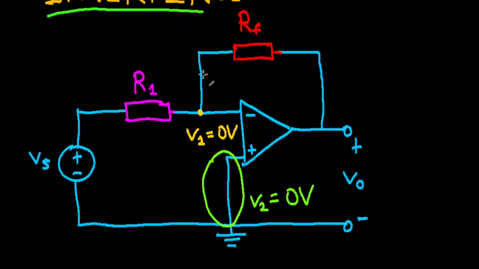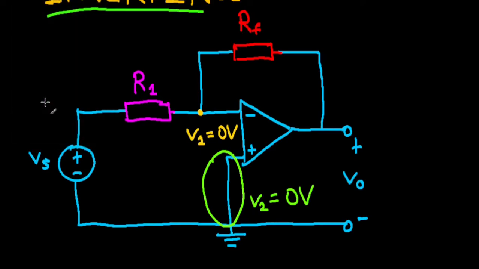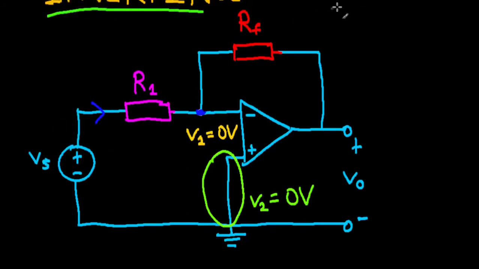All right. So if that is true, and another thing, if we apply KCL on this node right here, let's consider this current entering, this current exiting. Let's consider this current exiting. Whoops, no, not that one.